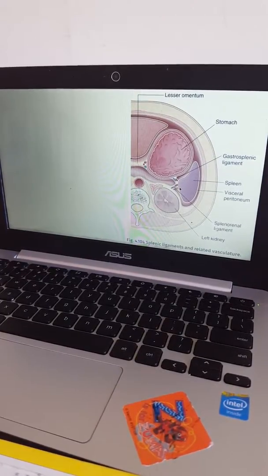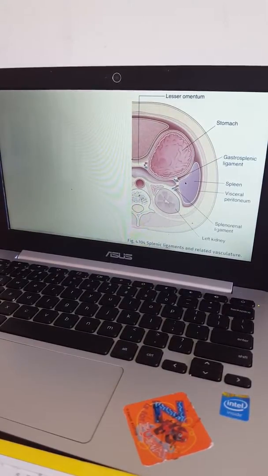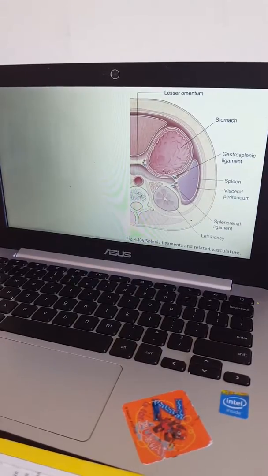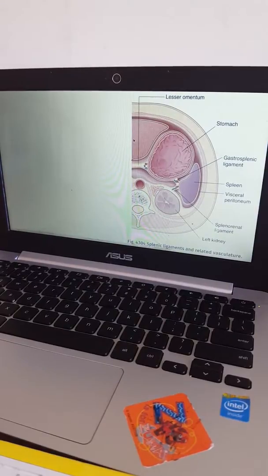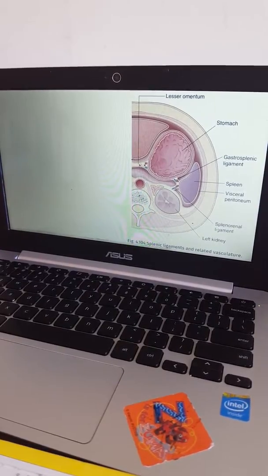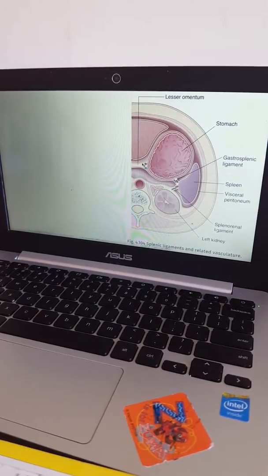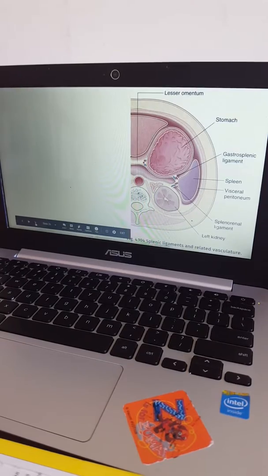Like this one is the splenorenal ligament, which has the vessels. Then you can see the gastrosplenic ligament. This is the lesser omentum, which connects the stomach and the liver. So these are modifications of the embryological phase of the peritoneal layers. Okay. Next slide.